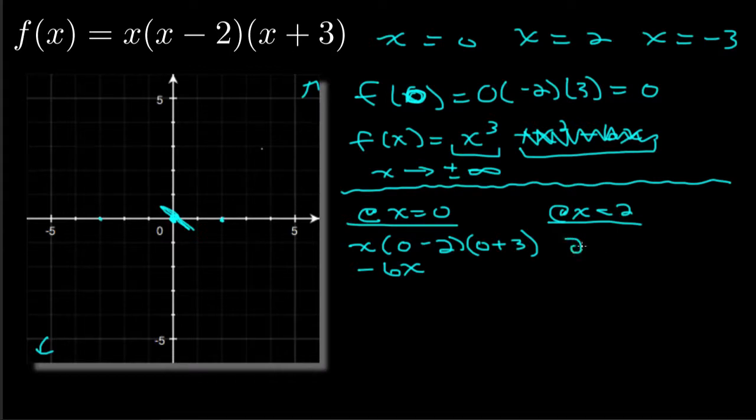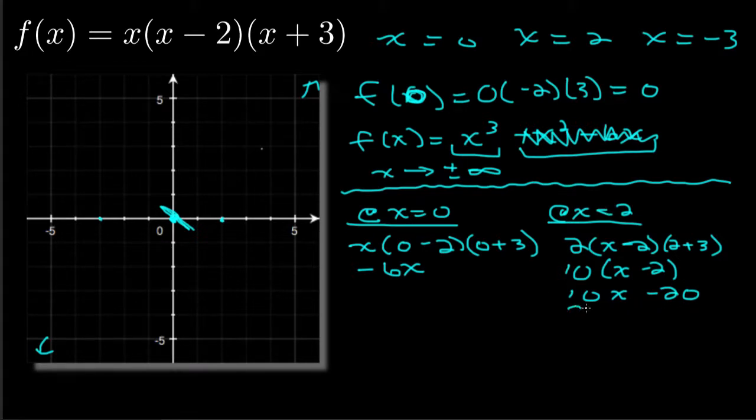I will have 2, x minus 2, and 2 plus 3. 2 plus 3 is 5, 5 times 2 is 10, so I've got 10 times x minus 2, which simplifies into 10x minus 20. At x equals 2, I have again what looks like a straight line with a positive slope. So at x equals 2, I'm going to draw a straight line with a positive slope.